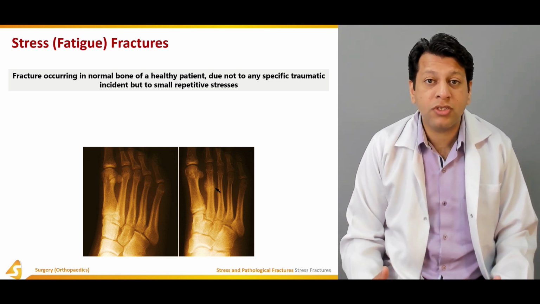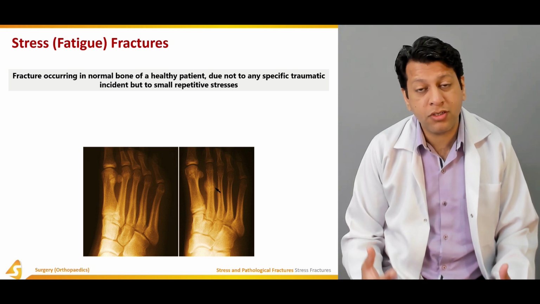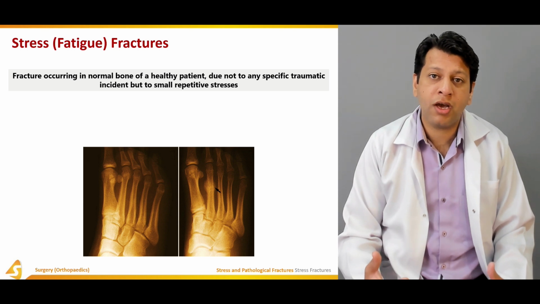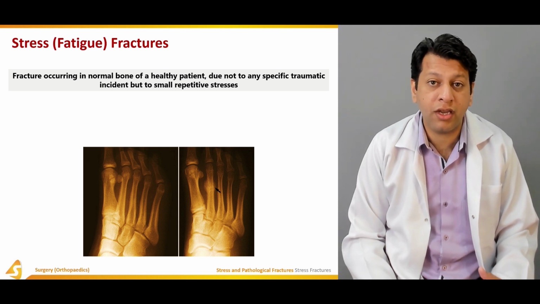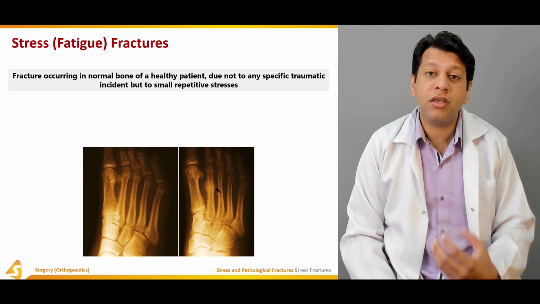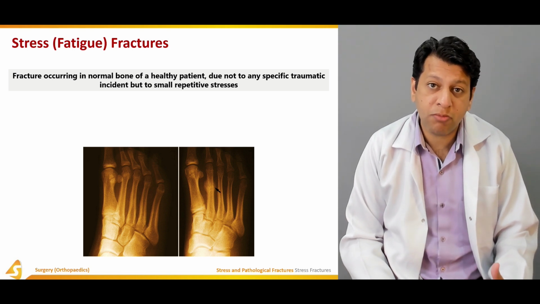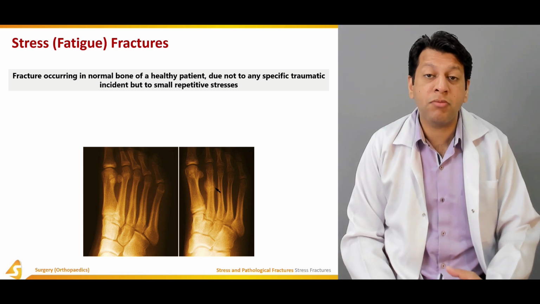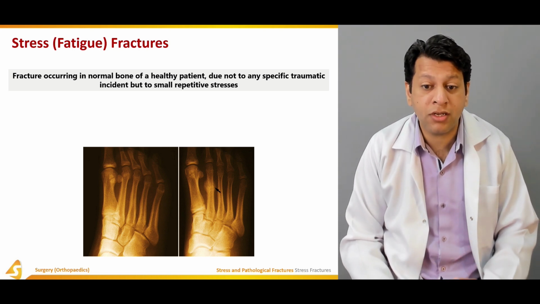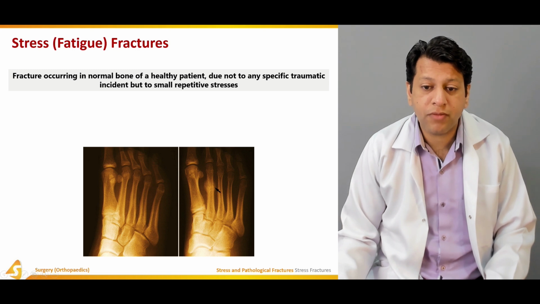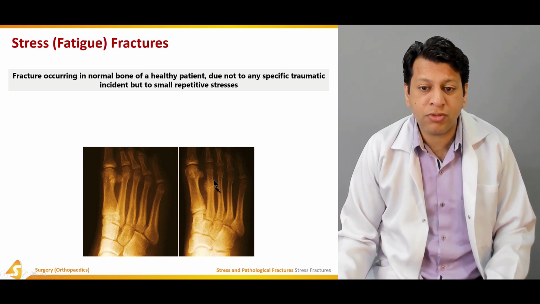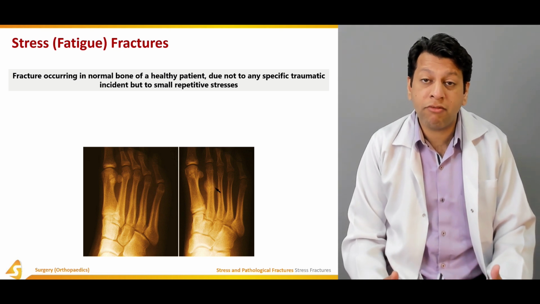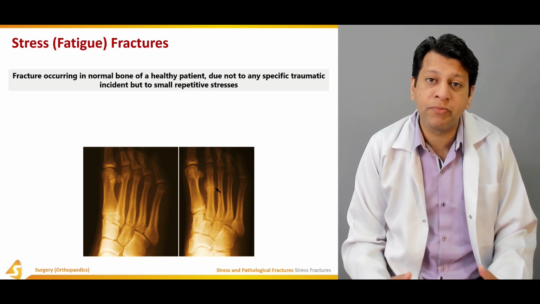There's actually no detailed history of an incident of trauma, whether low energy or high energy, which may result in any kind of fracture. Usually, initially, the X-ray may be very much normal, and once we review the X-ray after some time, we may see a healing callus there. That is a telltale sign that there was some kind of fracture which is now in the process of healing.